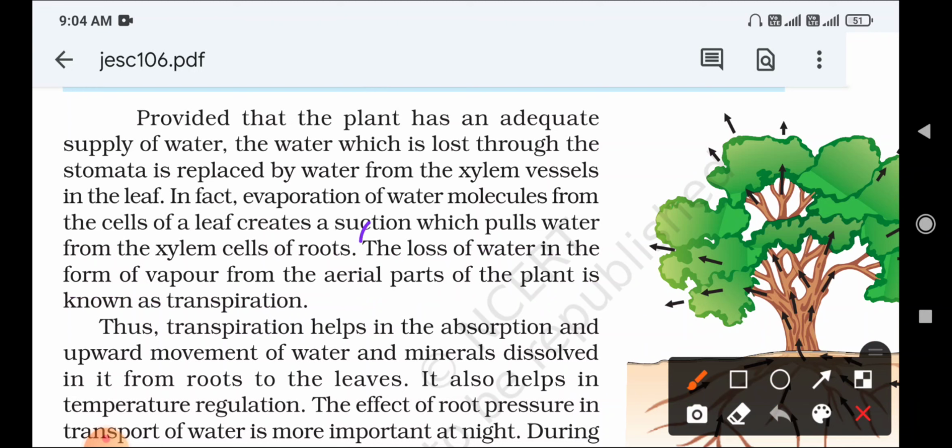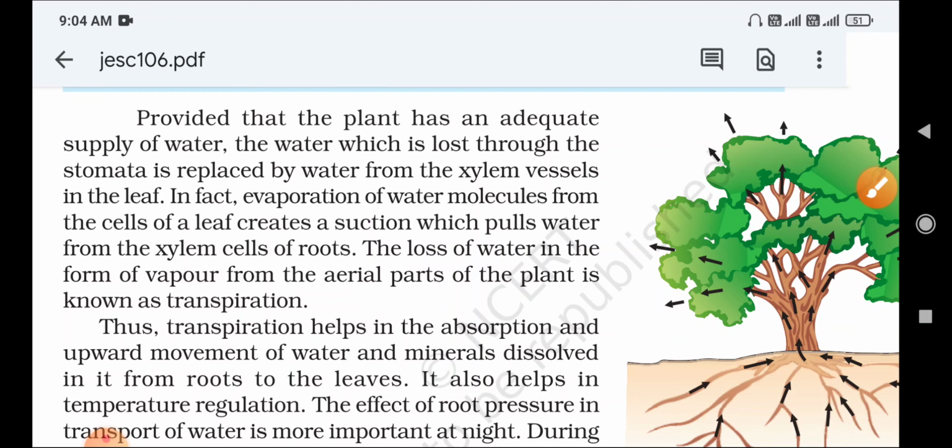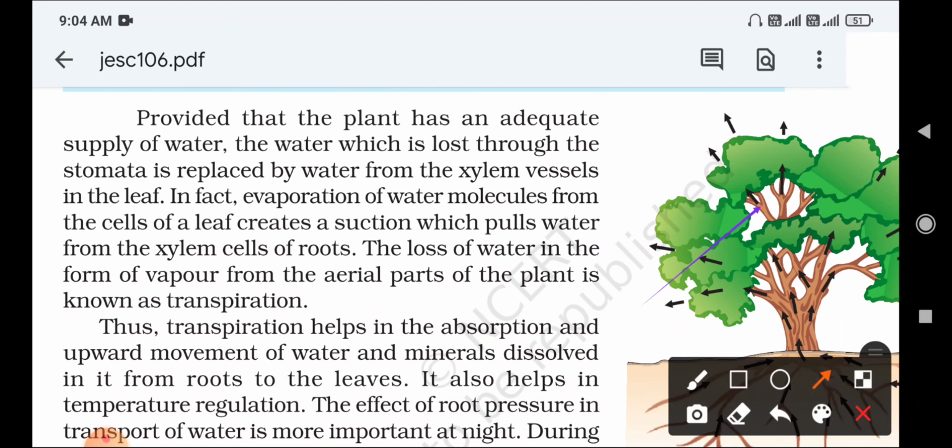You can write: the loss of water from aerial parts in the form of vapor is called transpiration.